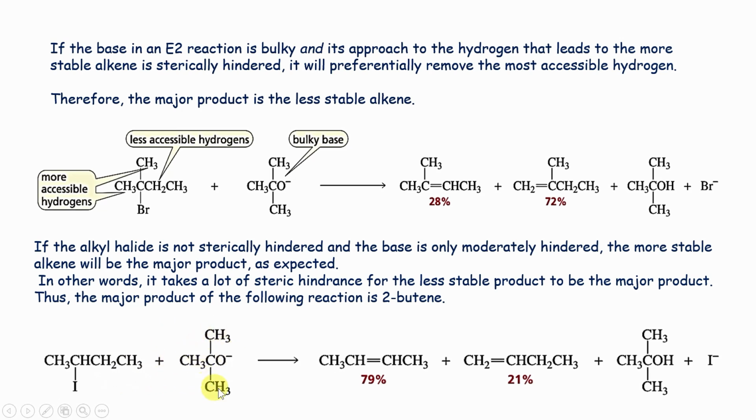Even though this tertiary butoxide is bulkier, 2-butene is obtained as the major product, while 1-butene is obtained as the minor product.